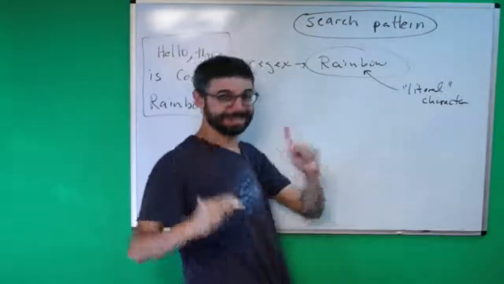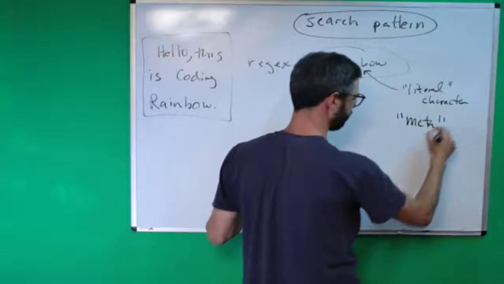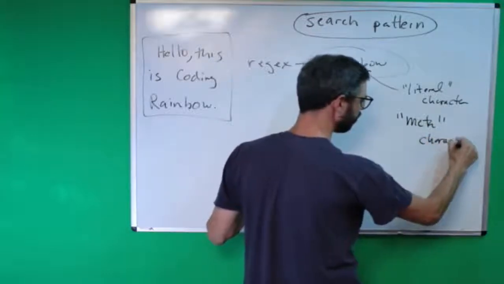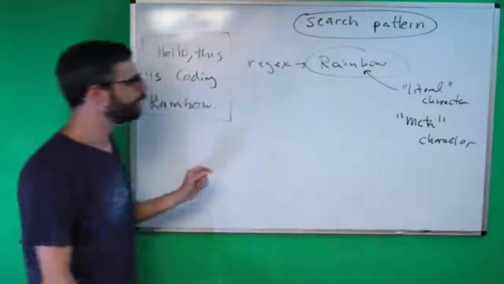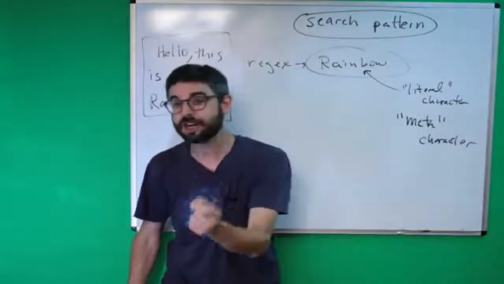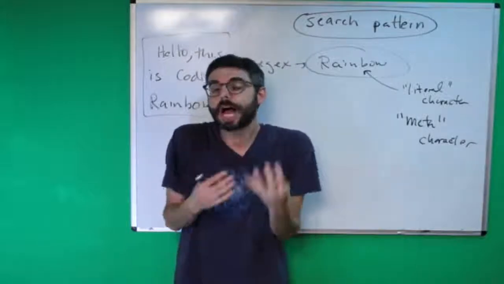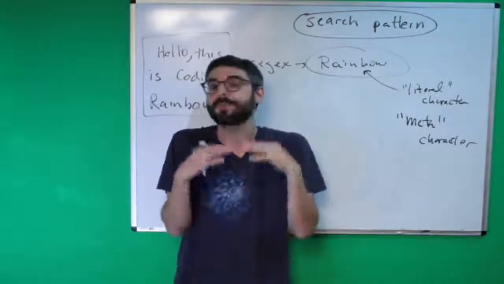It becomes powerful with the addition of this idea of something called a metacharacter, meaning a character that does not indicate a single literal character, but a more generalized pattern.